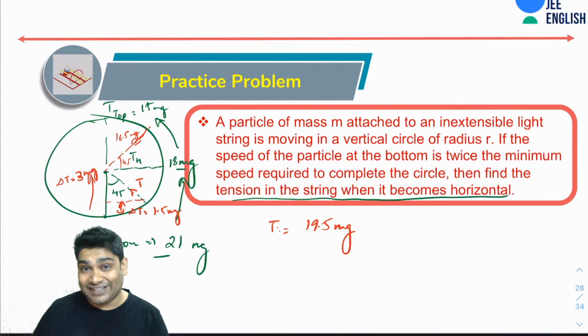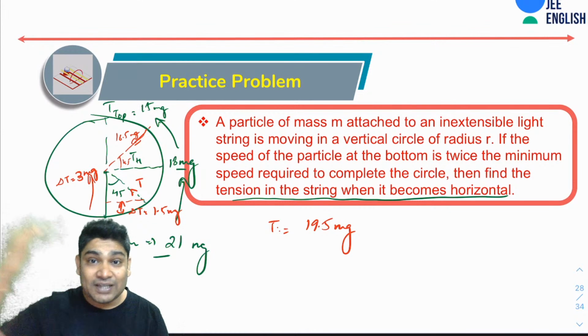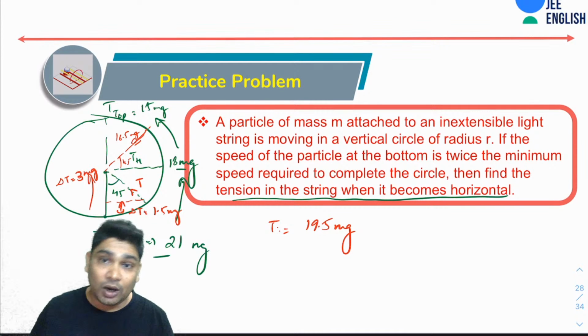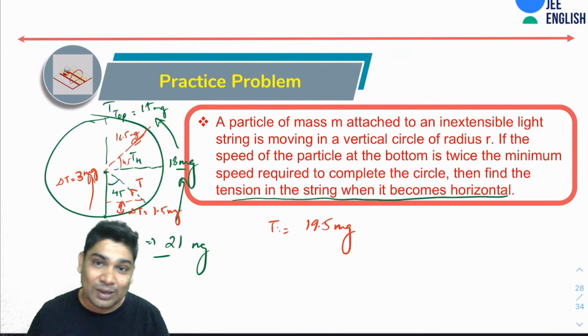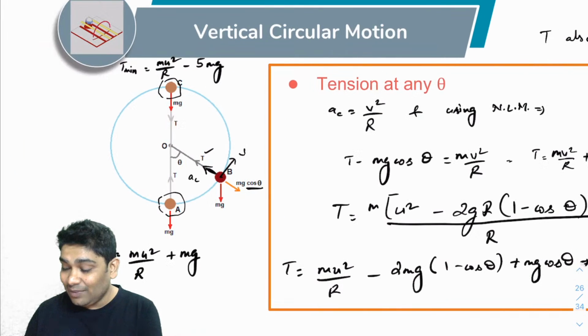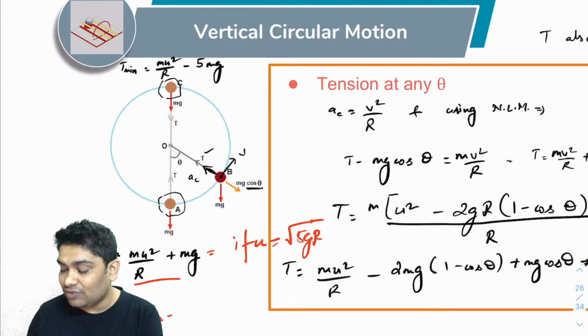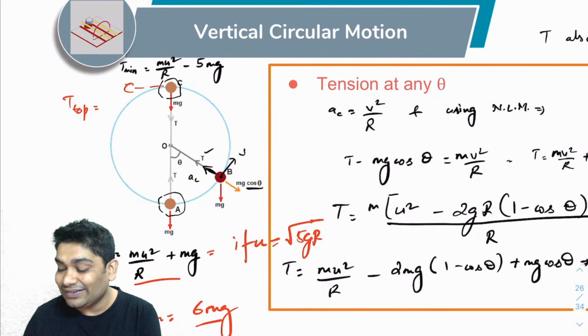So you have to find the difference. The tension always decreases by 6 mg when you go from top to bottom. So tension at the bottom, if it is 3 mg, then it will not be able to complete a circular motion. Now let me tell you here also, T bottom. If u equals root 5 gr, you will realize T max would be equal to 6 mg. And in that case, you will realize that here T top becomes 0.